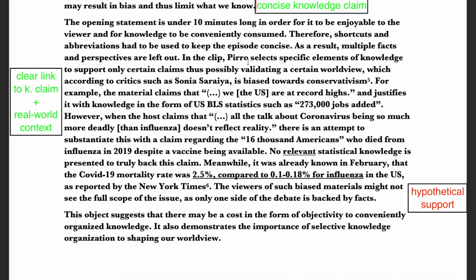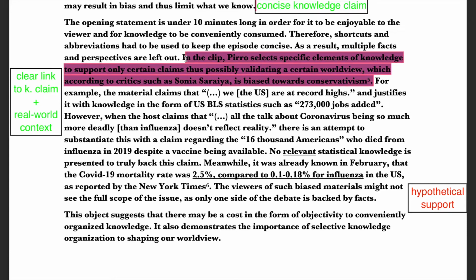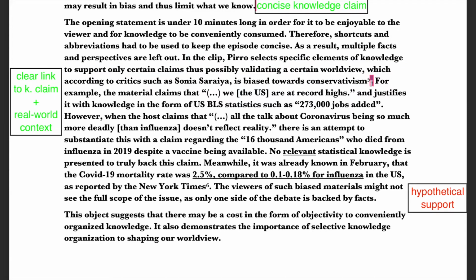In the clip, Pirro selects specific elements of knowledge to support only certain claims, thus possibly validating a certain worldview, which, according to critics such as Soraya Sarhaddi Nelson, is biased towards conservatism. I basically stated that her claims might support a certain worldview, and that's biased. And then I'm going to support it in the rest of the body.